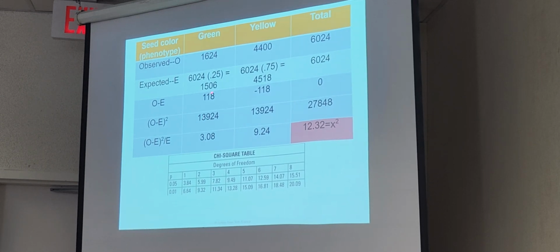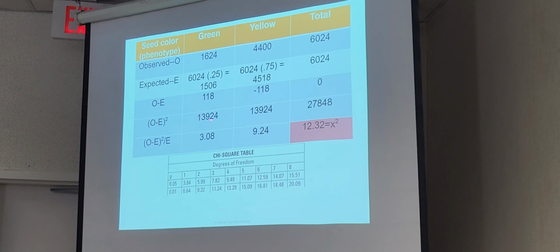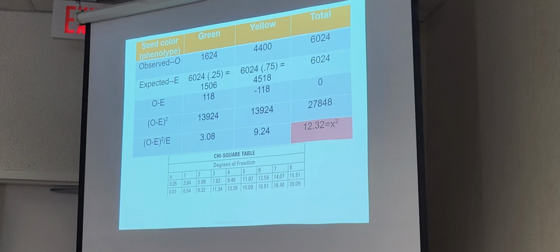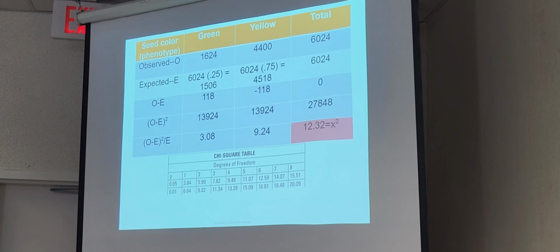Sorry, I did it wrong, my bad, guys. Is it 3.08? It's 3.08. 13,924 divided by 1506. It's 9.24. Well, 9.25, because I rounded up.